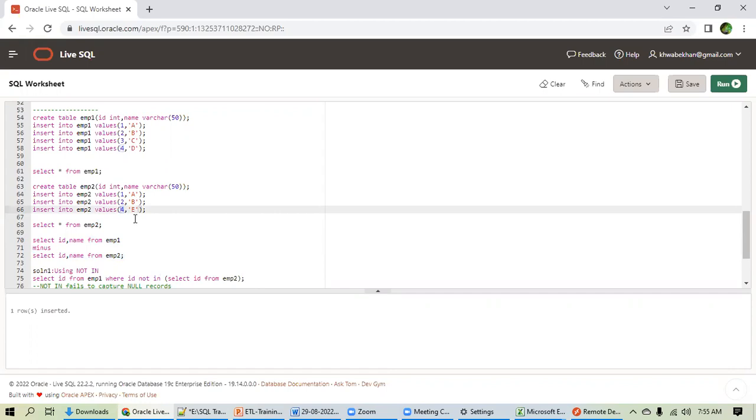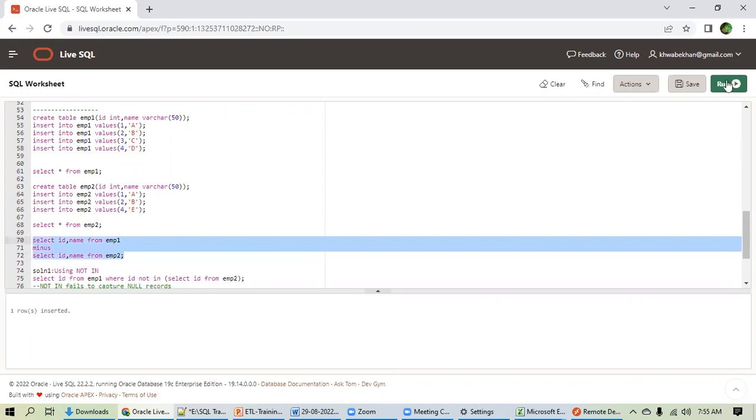Because we are selecting the combination of ID and name. Good. We are selecting the combination, ID and name, so I will check the 4D combination. Do you have 4D here? No, I don't have 4D. So that's why 4D will also be in the output. 3C and 4D. So don't get confused.